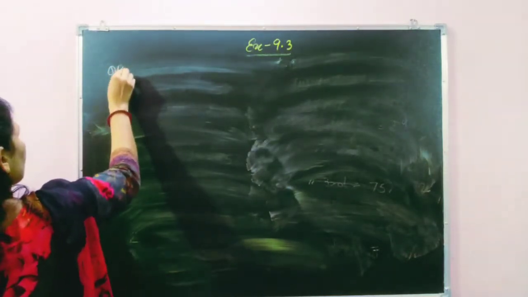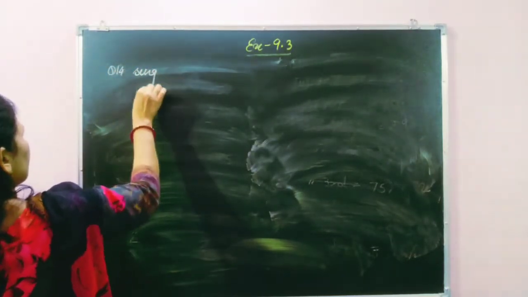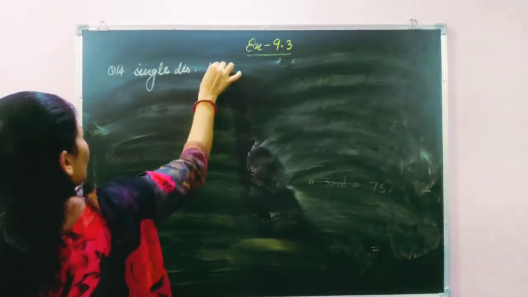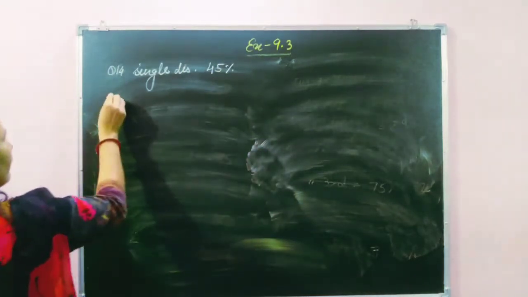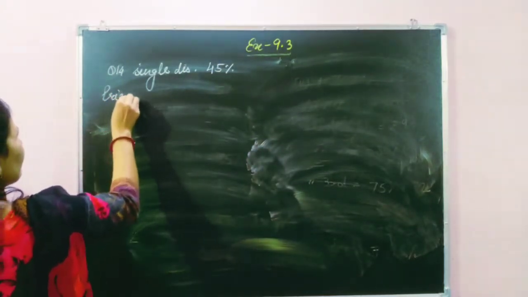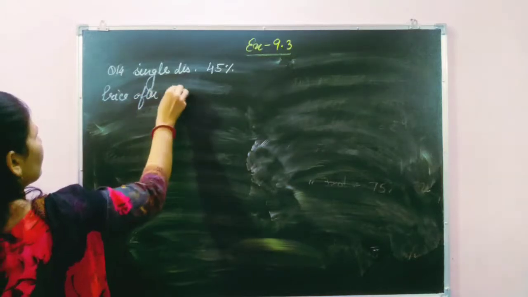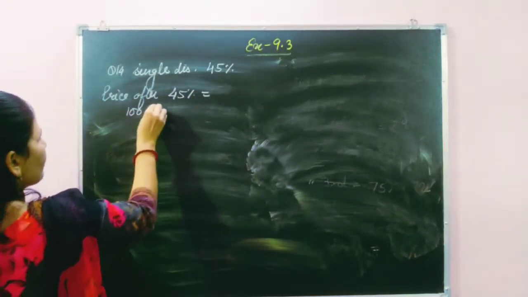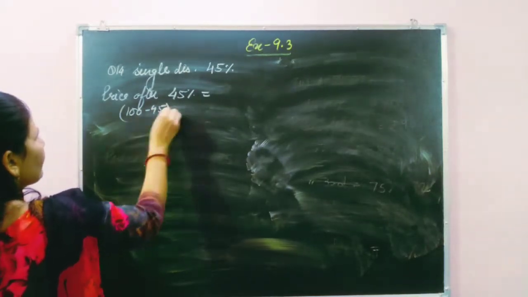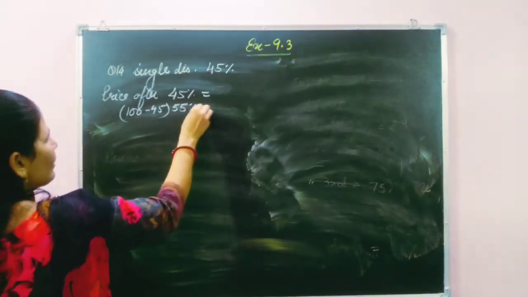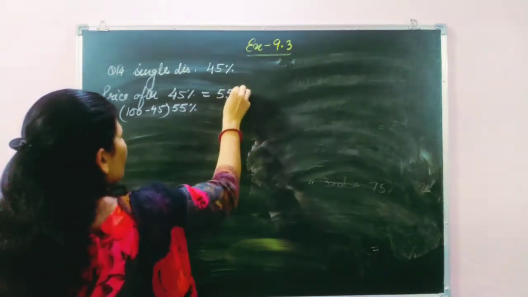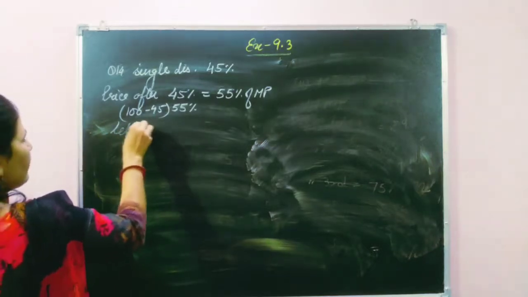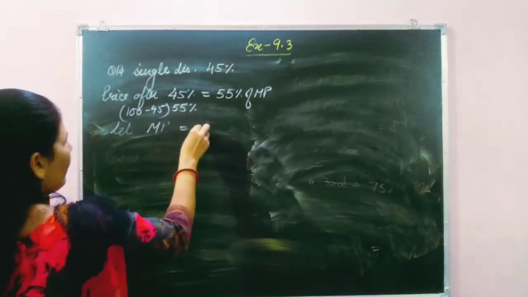Question number 14. Single discount 45%. So here we will write price after 45%, that means 100 minus 45, that means 55%. So that means 55% of MP. And here we will assume let MP be 100.